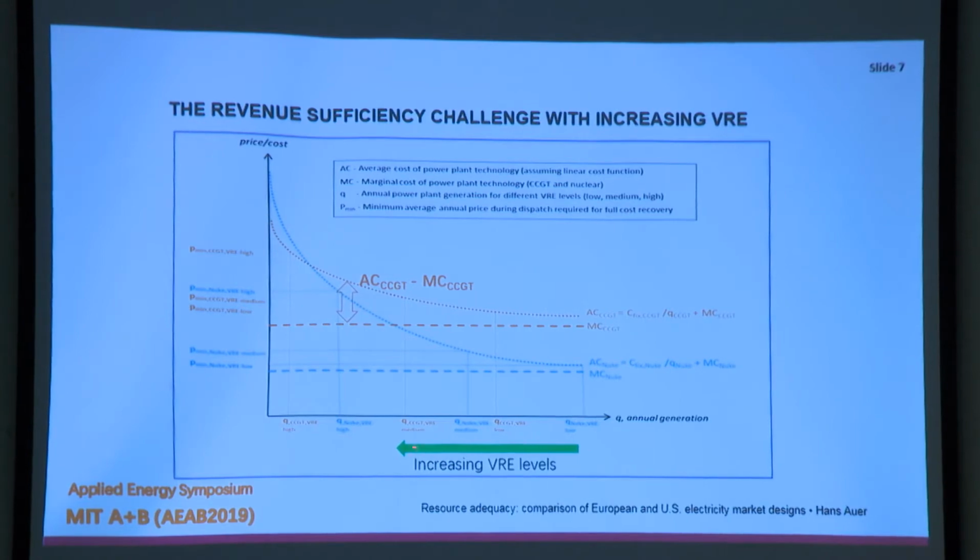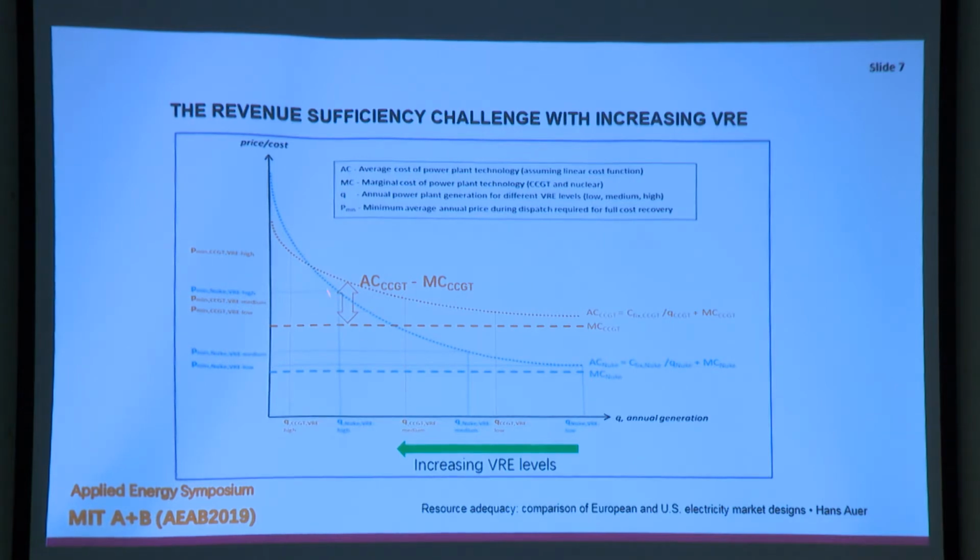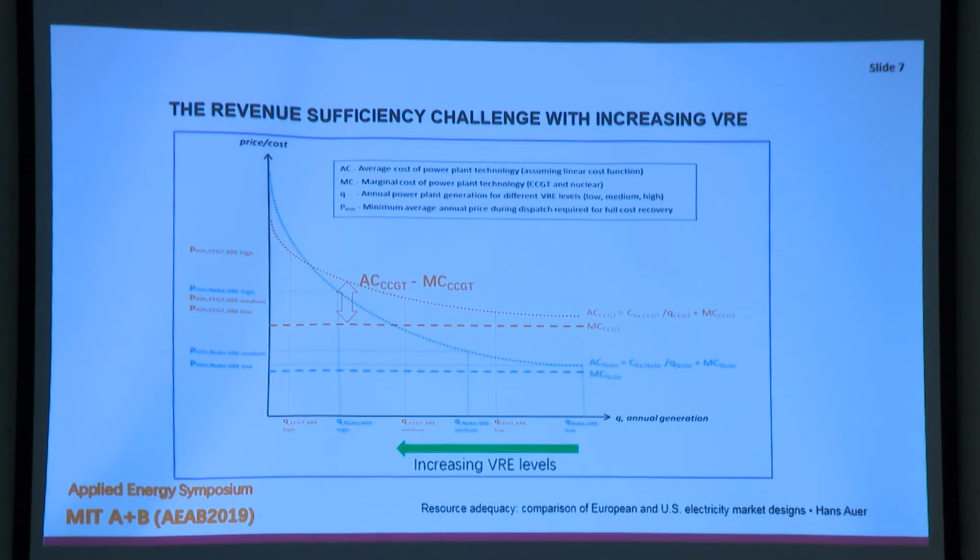The more renewables you implement into the system, the more you decouple the average cost from the marginal cost for any kind of technology, and the more challenging it is to earn sufficient revenues in the market, because at the end of the day each technology needs to earn at least the average cost, and this is actually the critical point. So how to earn sufficient revenues to fill this gap between the average and the marginal cost?